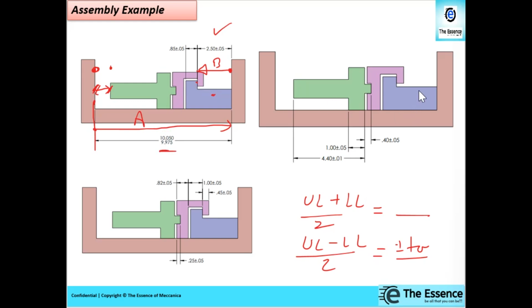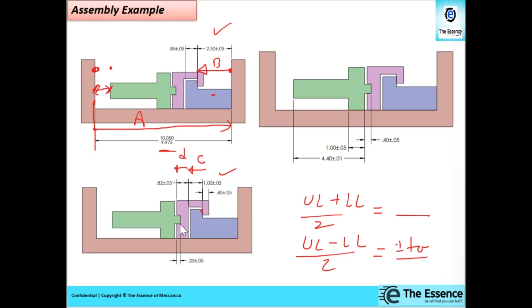So we are on this surface of component number 3, and from that surface the dimension is given. So I will go from there to there using the slot width. That is 1.00 plus or minus 0.05, that is C for me, and then 0.82 plus or minus 0.5, I have to reach the other side. So that is D for me, right?